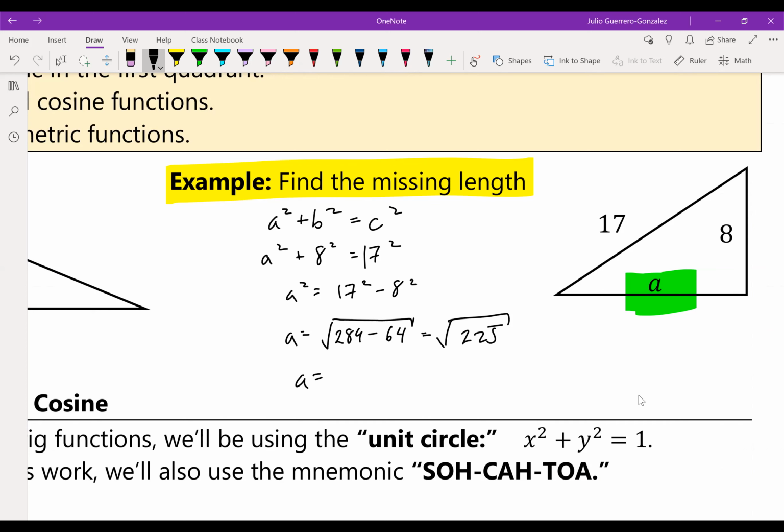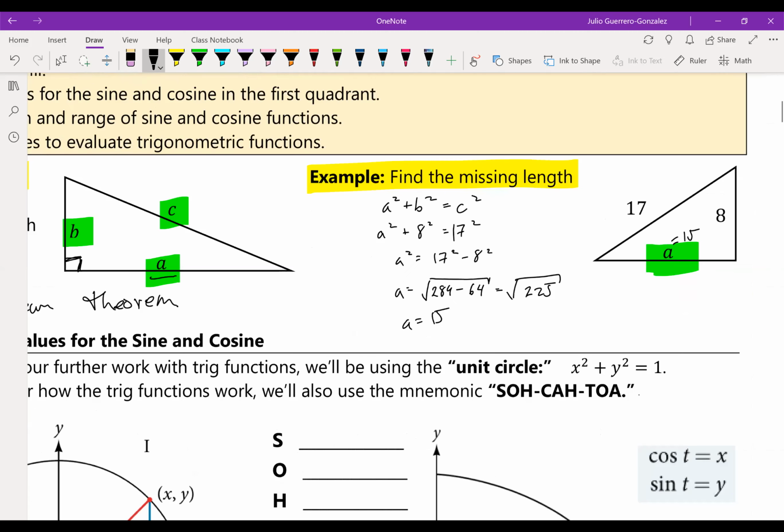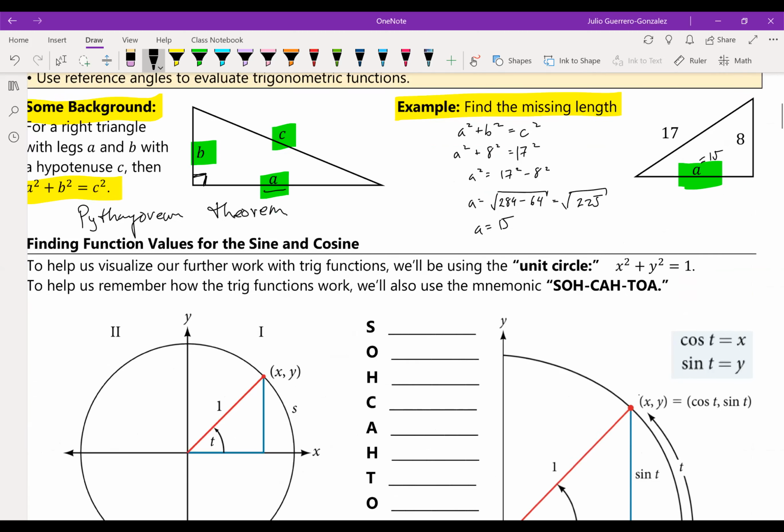So a is equal to 15. Everybody got the example for how to use the Pythagorean theorem at least?